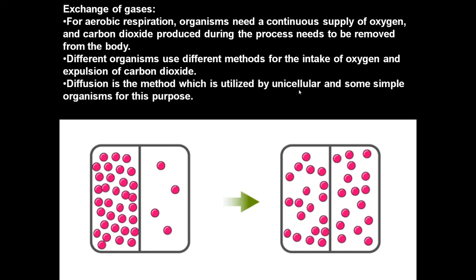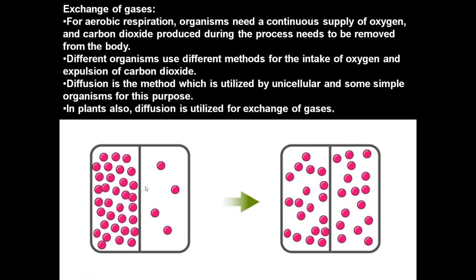One of the methods, especially in unicellular organisms, is diffusion. What you are seeing in this image is a process called diffusion, that is, movement of molecules from higher concentration to lower concentration. So simple unicellular organisms use the process of diffusion for the exchange of gases.